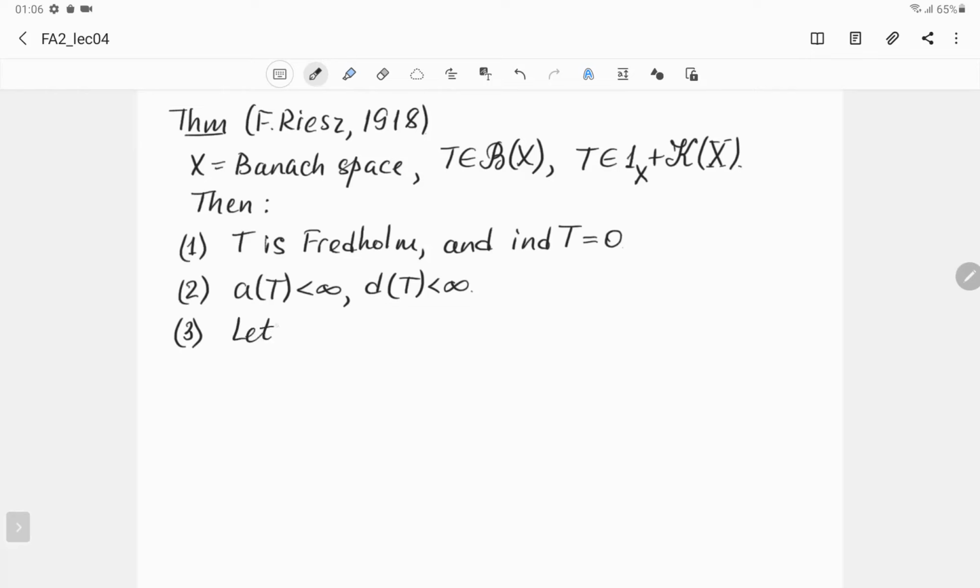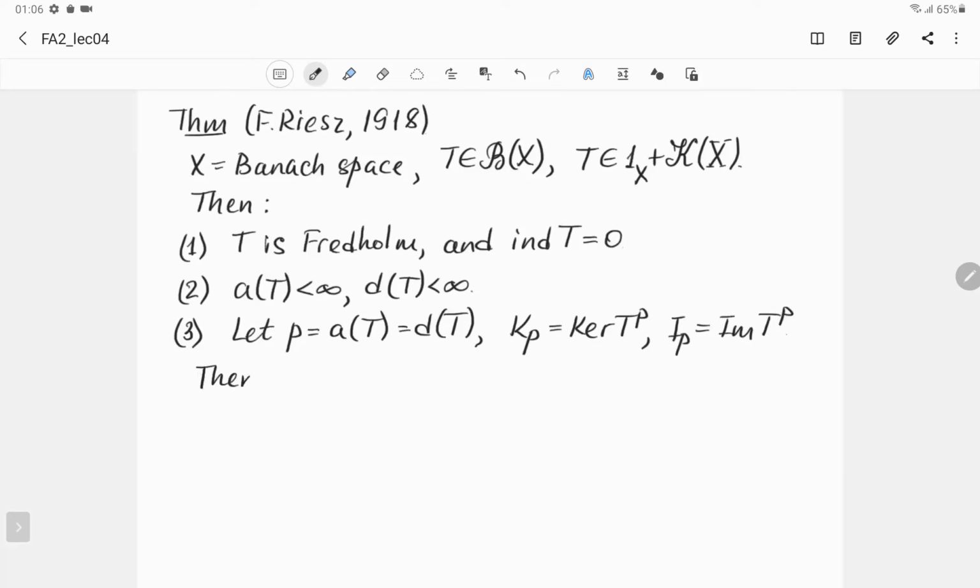So let p denote the ascent of T, which is the same as the descent of T. Let K_p denote the kernel of T to the power p, and let I_p denote the image of T to the power p.